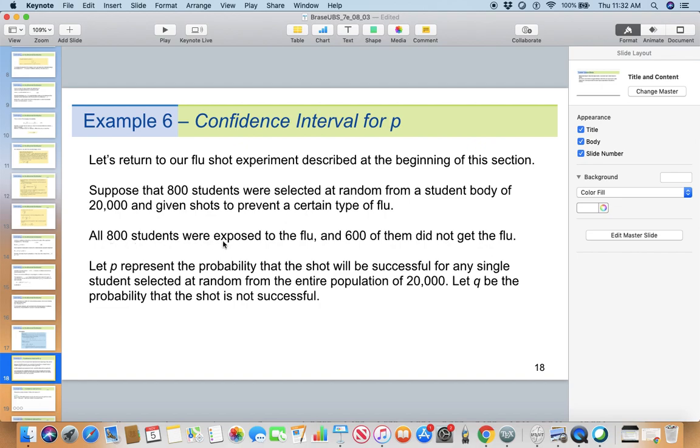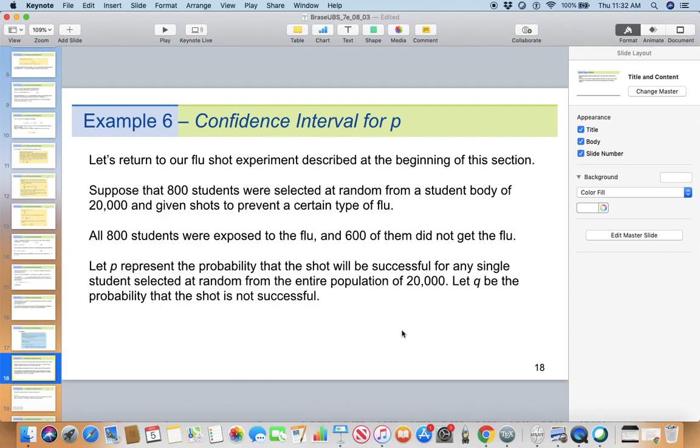All the 800 students were exposed to flu and 600 of them did not get flu. Let P represent the probability that the shot will be successful for any single student selected at random from the entire population of 20,000. So notice the population size is 20,000. My sample is only 800. Let Q be the probability that the shot is not successful.